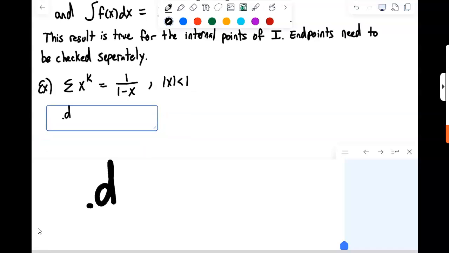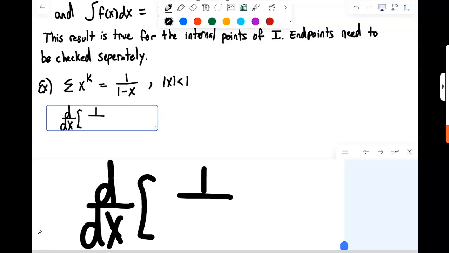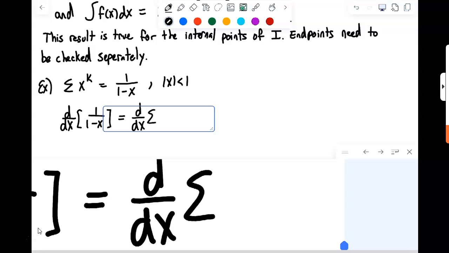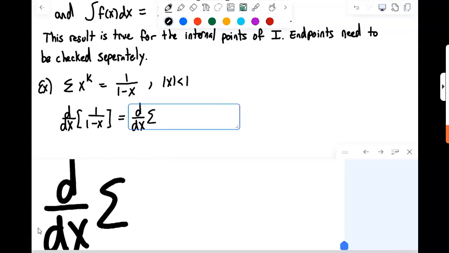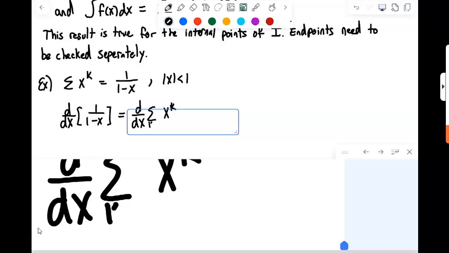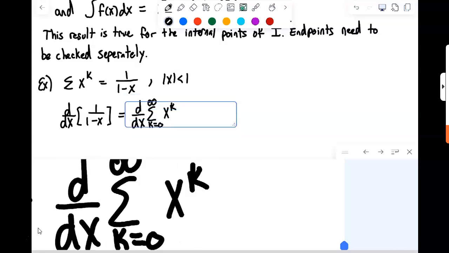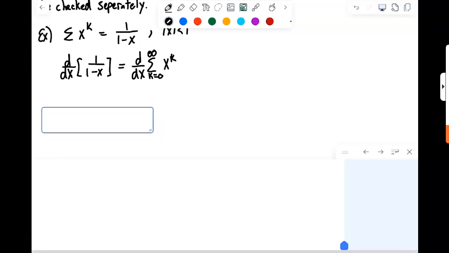The derivative of 1 over 1 minus x would need to be the derivative of the series, the derivative of the sum of x to the k, as k goes from 0 to infinity.